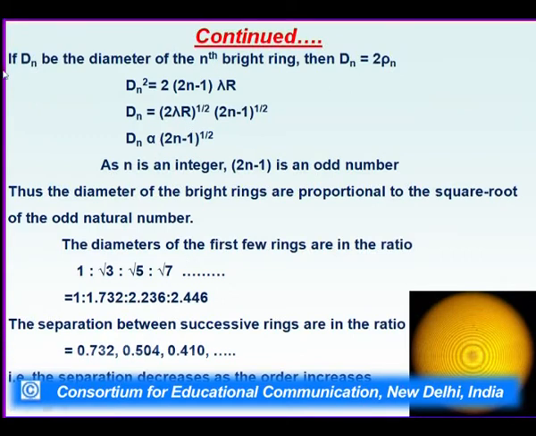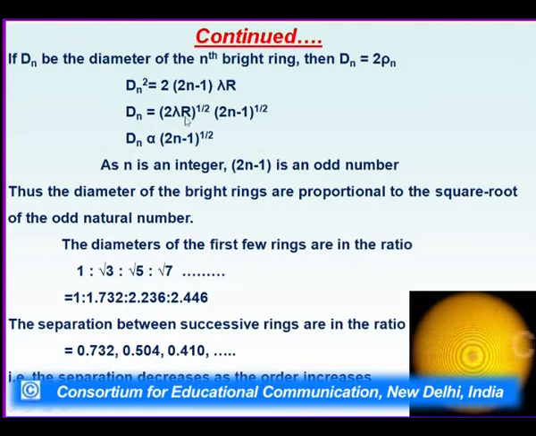Now for the bright fringe, let dn be the diameter of the nth bright ring, then dn is equal to 2 rho n. Then dn square is equal to (2n minus 1) lambda r.